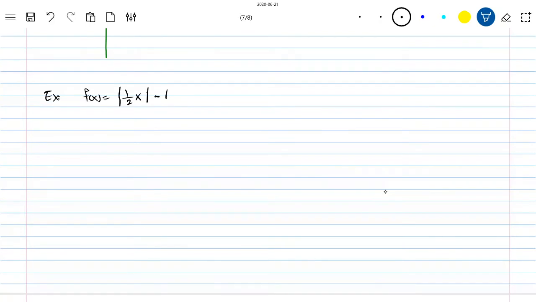Okay, and we try to graph f of x. Graph f of x by transformation. You can always graph it by picking points. This is what we're trying to do in all this section.